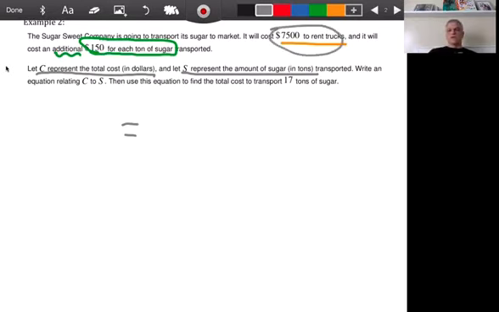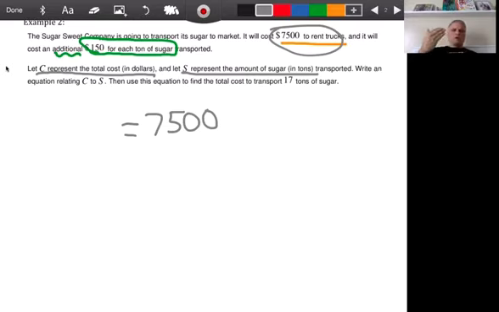That 7,500 doesn't change no matter how many different tons of sugar are being transported, okay? It's going to cost $7,500 to rent the trucks no matter what. So that's an initial fixed cost. So my 7,500 goes right here. Right? Now the next thing we're going to have is the rate of change. Right?